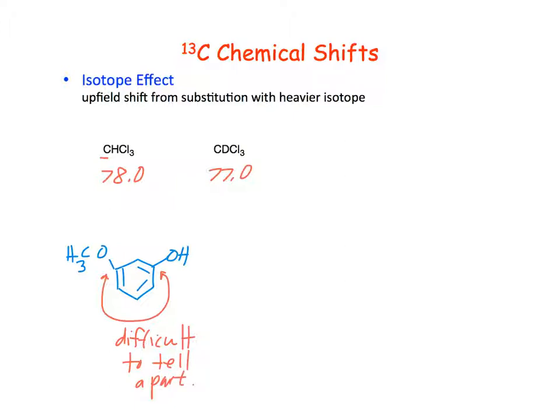One thing that we already talked about in a proton sense is that you could derivatize this molecule and make an ester out of that phenol, and then we would see a definite chemical shift change for the carbon bearing the ester. But a simpler way is to just do a deuterium exchange. So we could run two different spectra.